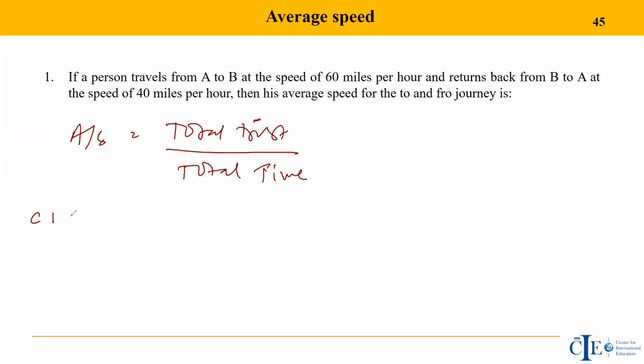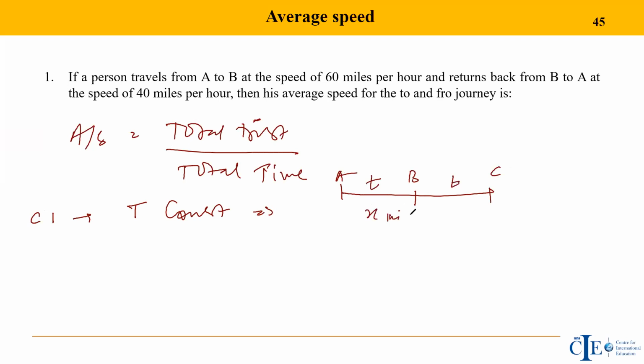Now, there are certain special cases, like when time is constant, which means a person is traveling for the same time interval. So let's say he traveled from A to B and B to C for the same t hours at speeds of x miles per hour and y miles per hour. In that case, his average speed is simply (x + y)/2.